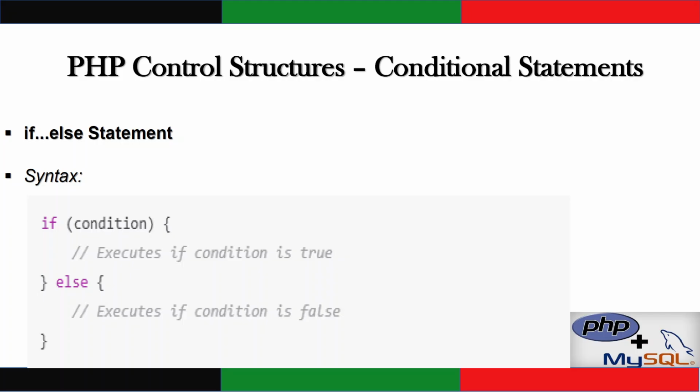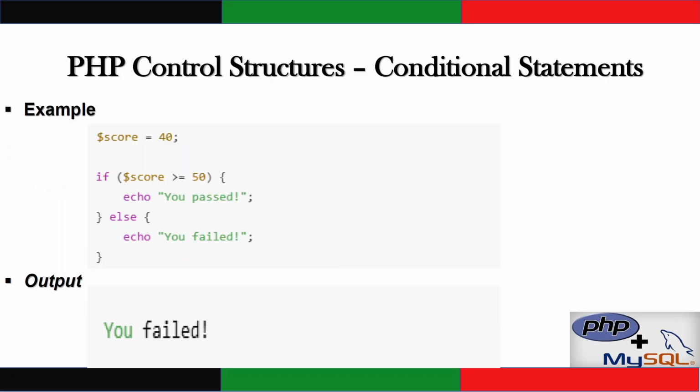So when our condition turns out to be true, we enter the first body, the one between the opening and closing curly bracket of the if. If the condition turns out to be false, we enter the body delimited by the opening and closing bracket of the else. That's when we shall run it.